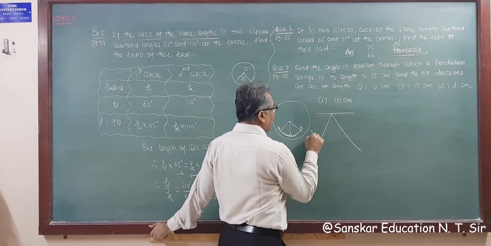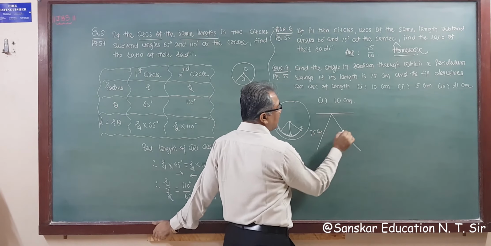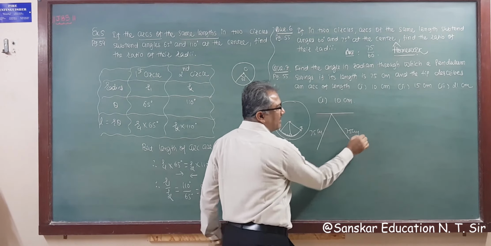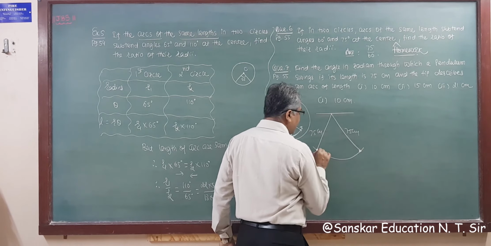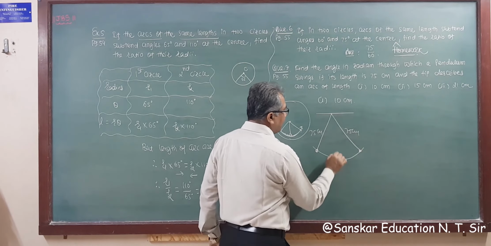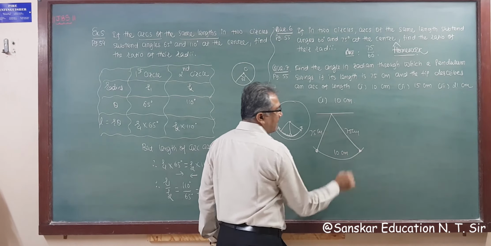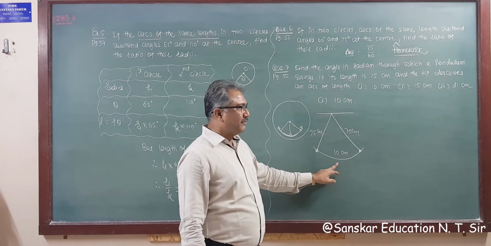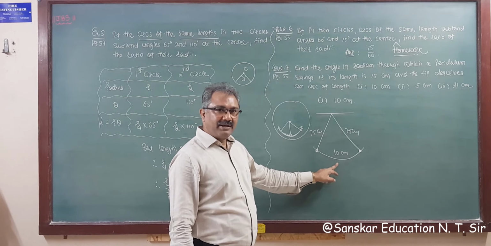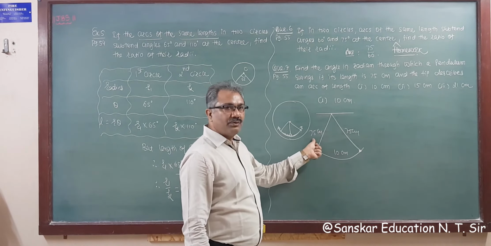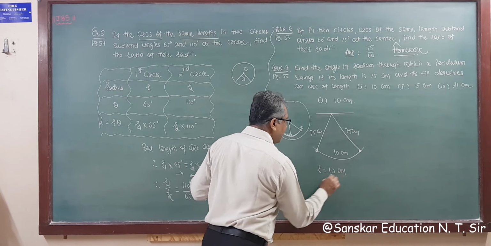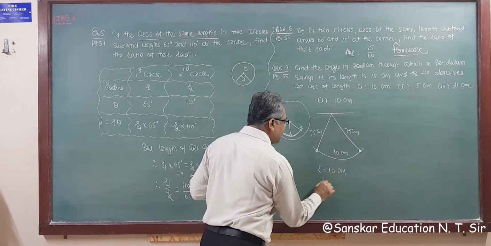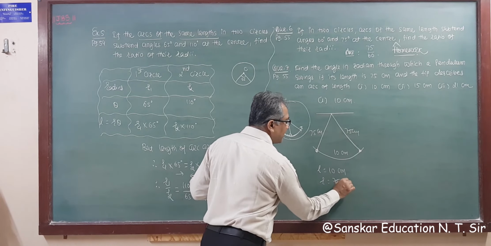So this is 75 centimeter, this is 75 centimeter, and this is the length of arc, 10 centimeter. So L is equal to 10 centimeter and R is equal to 75 centimeter.